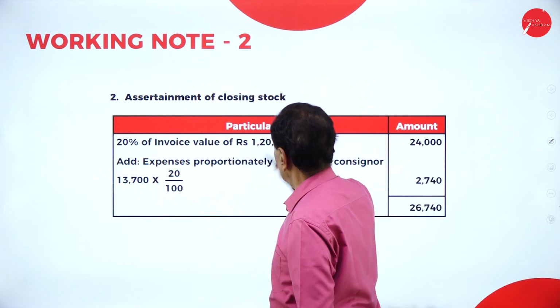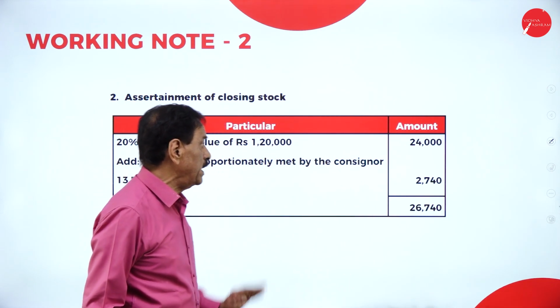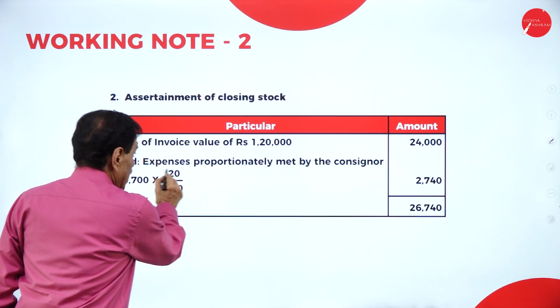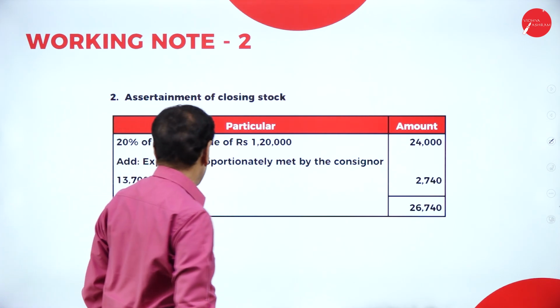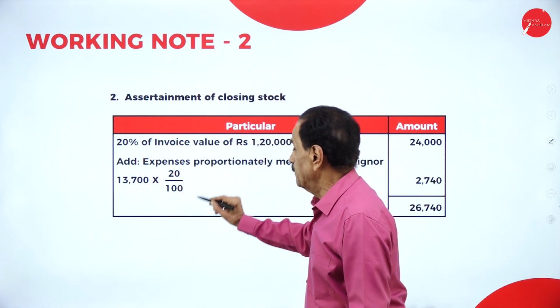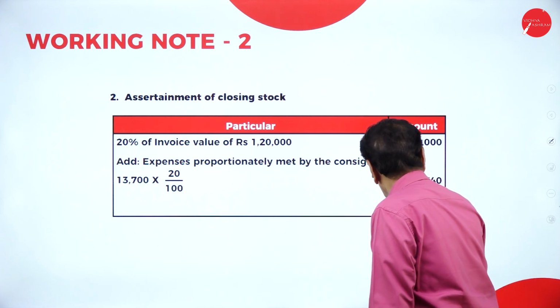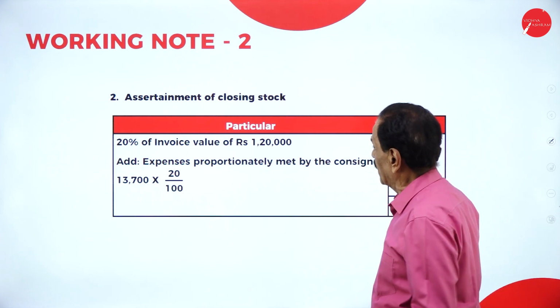Valuation of closing stock. 20% of invoice value 1,20,000 is 24,000. Add expenses proportionate, borne by the consignor. Only direct expenditure has been considered here. 20 by 100 into 13,700 is 2,740. It becomes 26,740.